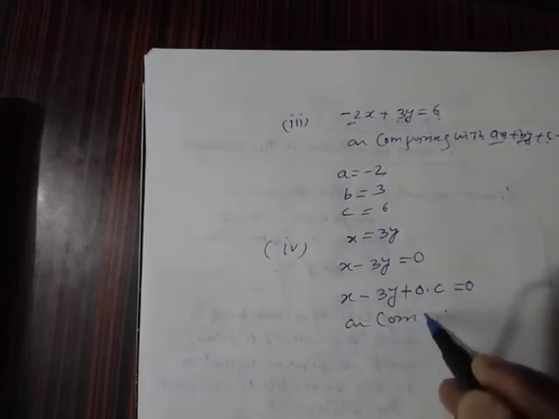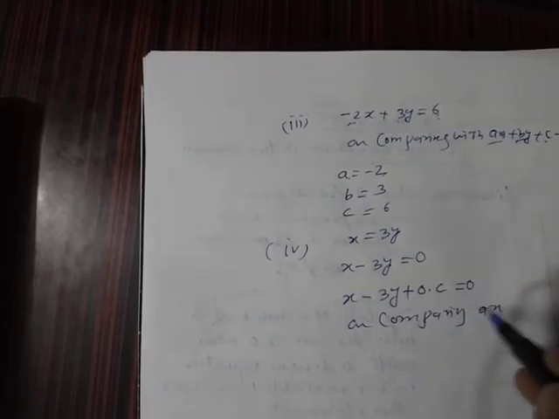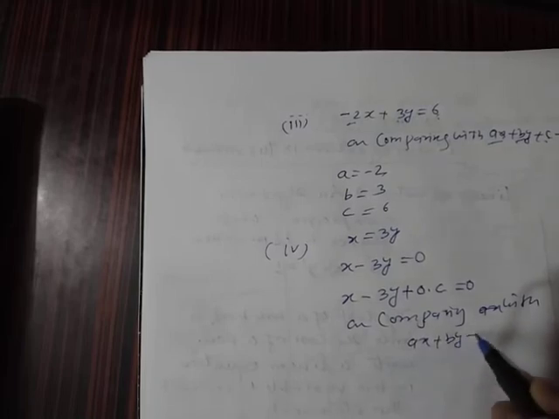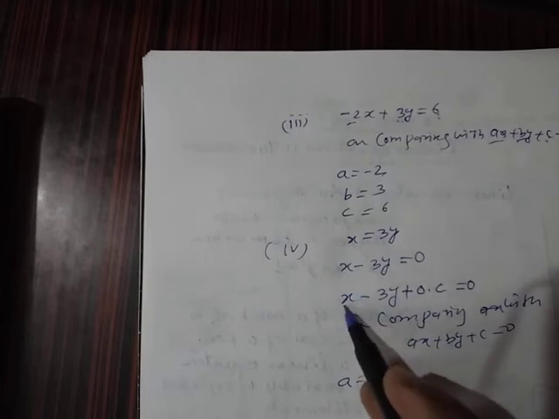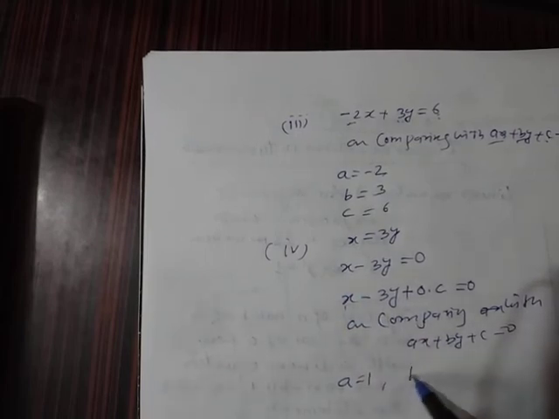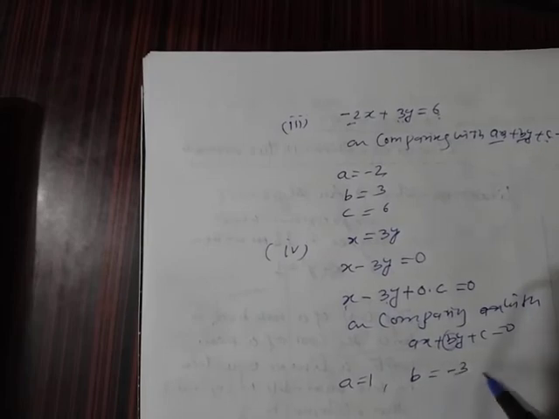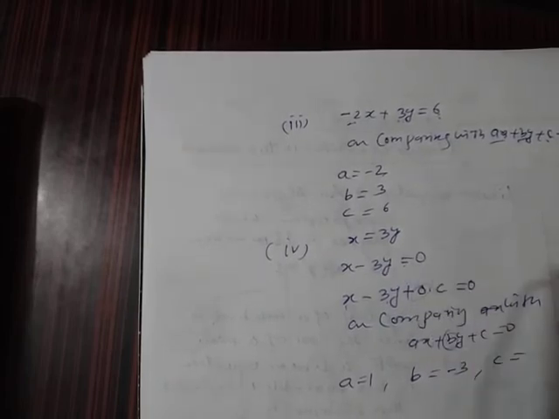So on comparing with ax plus by plus c is equal to 0, a is equal to the coefficient of x, which is 1, b is equal to the coefficient of y, which is minus 3, and the coefficient of c is 0 because the constant is not there, so that will be 0.